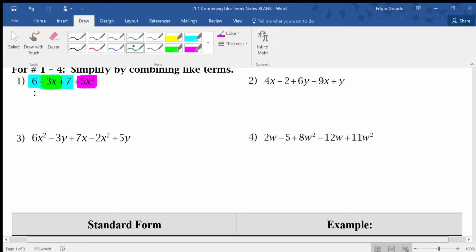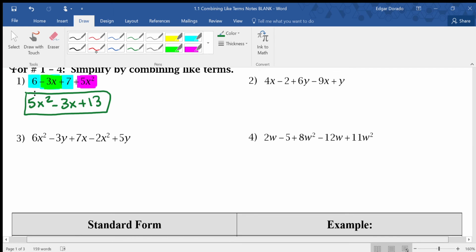So what I want to do is actually combine that largest one first, so that 5x squared. Then I have a negative 3x. And then that 6 plus 7, which gives me a positive 13. Okay. Now this form right here has a special name that I'll come back to in just a second, but let's continue on with our 2 examples, and then I'm going to have you guys try out that last one on your own.